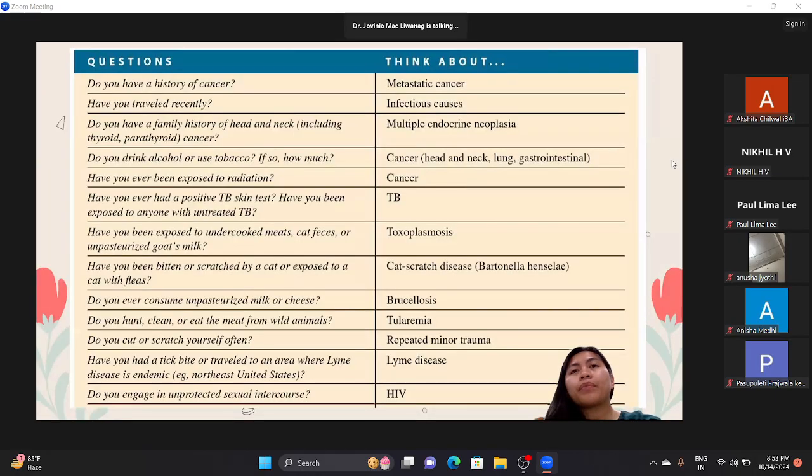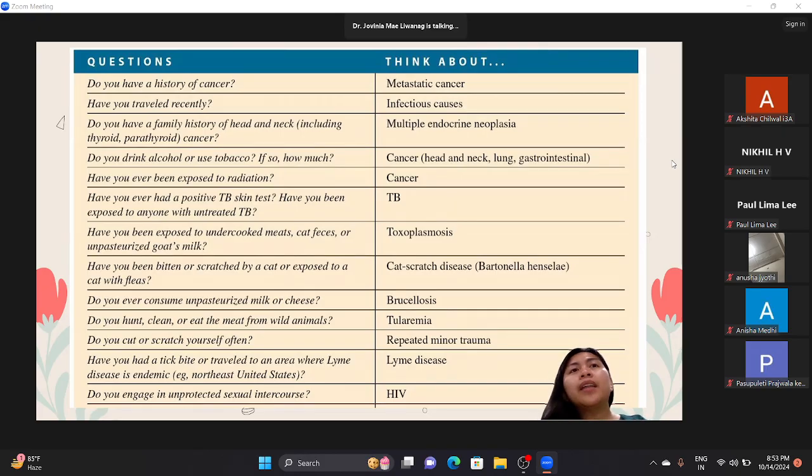So these are the common questions, and the other part of the column is the one that you will think about if you ask the question, did the patient have a history of cancer? Maybe the patient has metastatic cancer. Just maybe. It's just a probability. It's not absolute. So if the patient had a family history of head and neck cancer, most likely the patient has multiple endocrine neoplasia.